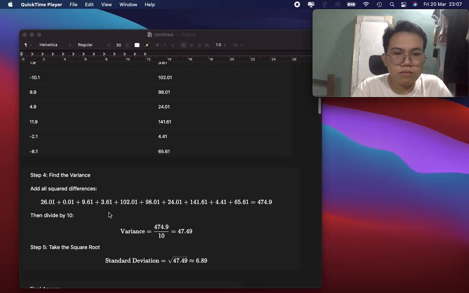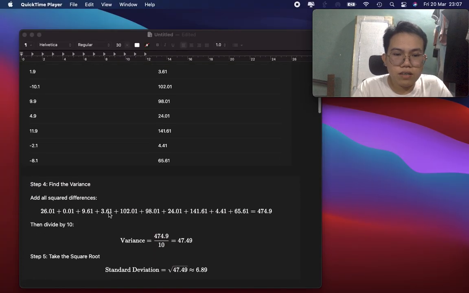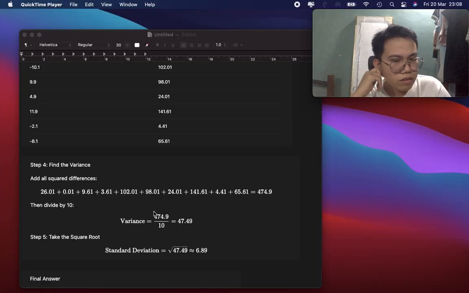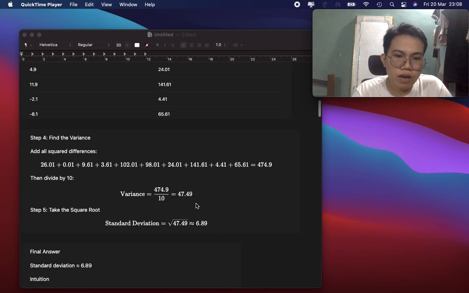To get the variance, we sum all of the squared values, and we have the value of 47.49. It means the spread of the data values is 47.49. Taking the square root of the variance, we get approximately 6.89.